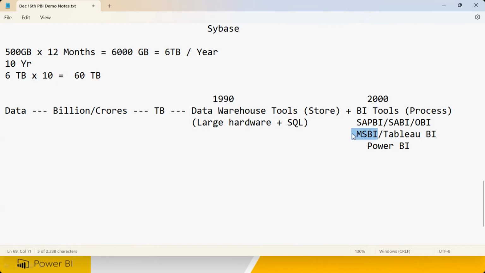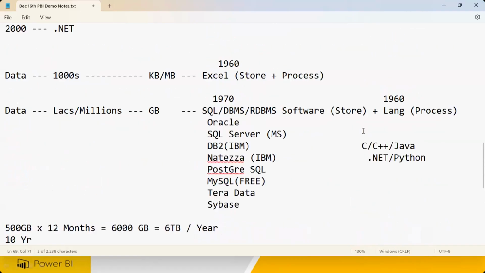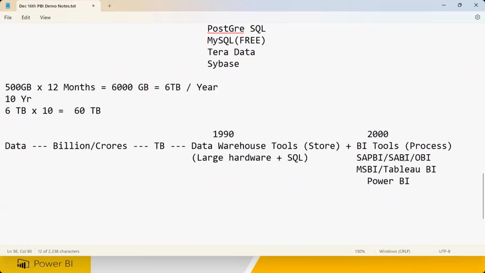A lot of BI tools have been introduced after year 2000. Earlier, if you wanted to process the data, you needed to write a language. Language will take a lot of time to write the code and a lot of issues with the coding, right? People will take a lot of time to write the code. Now, no coding, low coding means you can develop any application without writing the code, and the customers are happy with the BI tools.